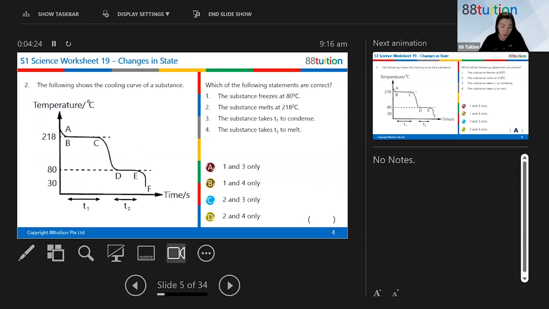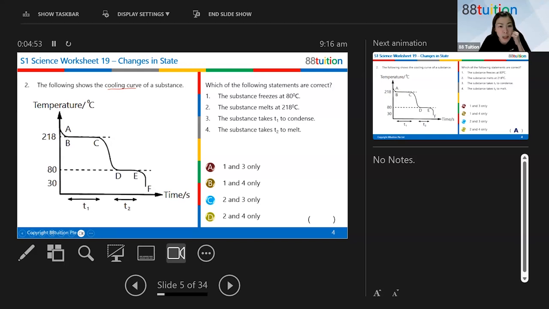Question 2, the following shows cooling curve of a substance. So now this is the opposite, and this graph I'll be giving to you next week with the detailed explanation. If you can see, there's an A, B stage here, and then B, C, C, D, D, E, E, F. I'm going to get someone to tell me what are the various states present in each range.